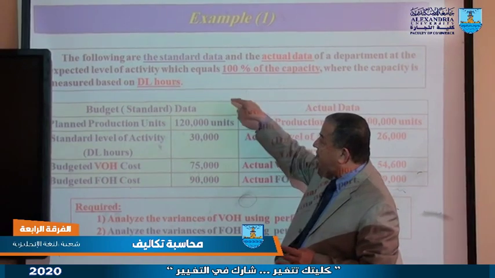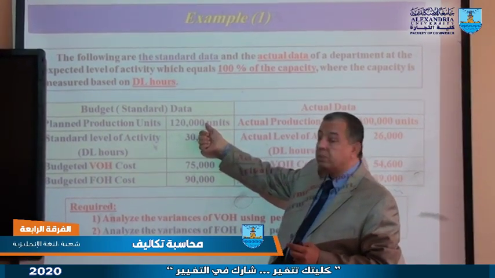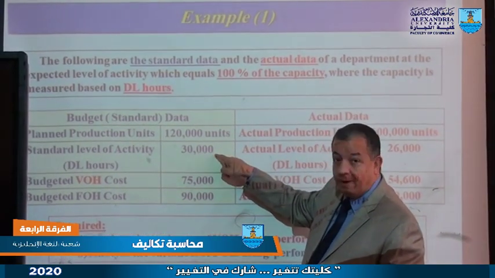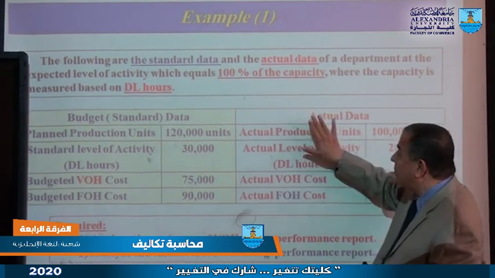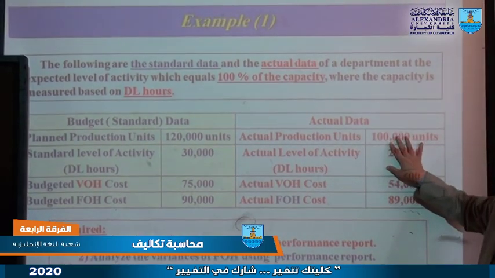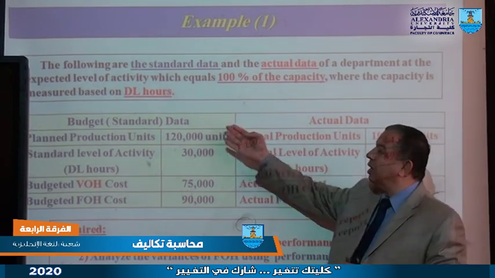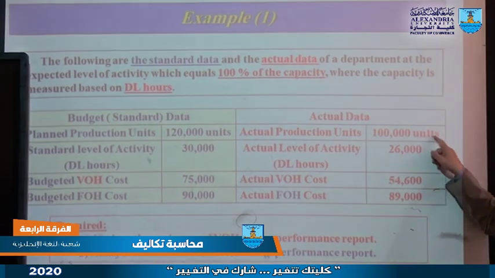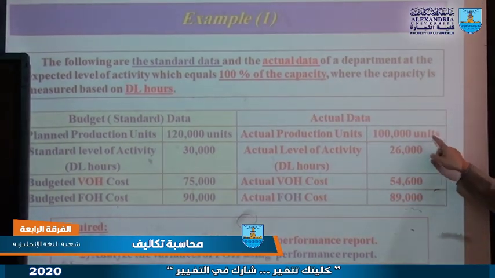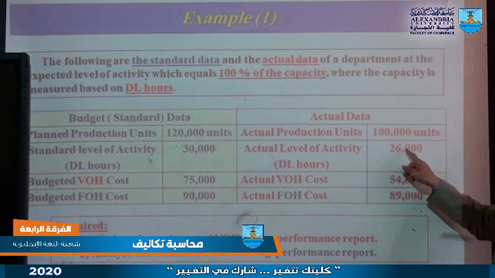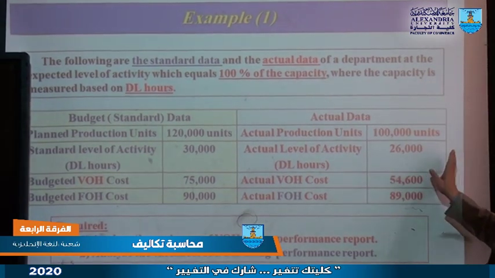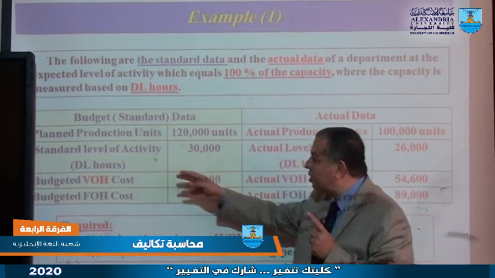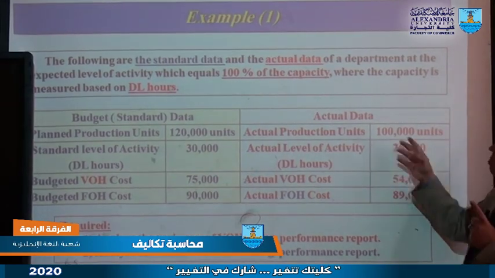If my units are this, my standard hours will be this, and this is my cost. What happened actually? This is what happened actually. My production is not as planned here, but my actual is only 100,000. My actual level, 26.